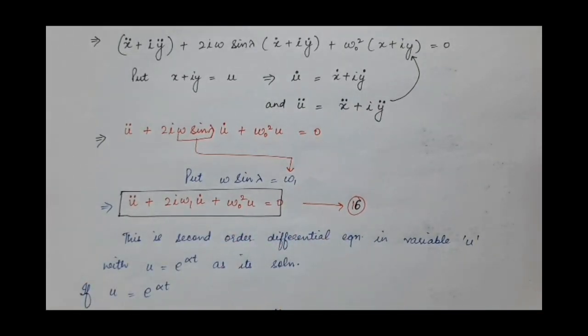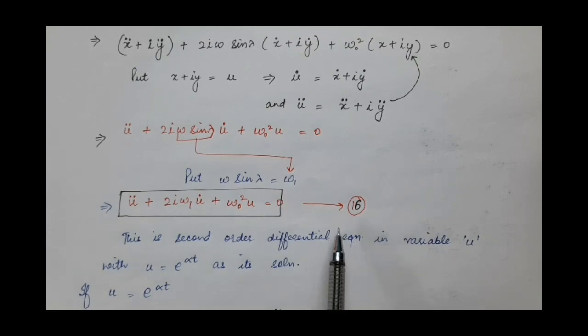Now as you can see, here we have u double dot, which means the double derivative of u. And the double derivative of u means this is a second order differential equation in the variable u. And what will be the solution of this differential equation? It will be the value of u which will satisfy equation 16. It will be the solution of this second order differential equation.